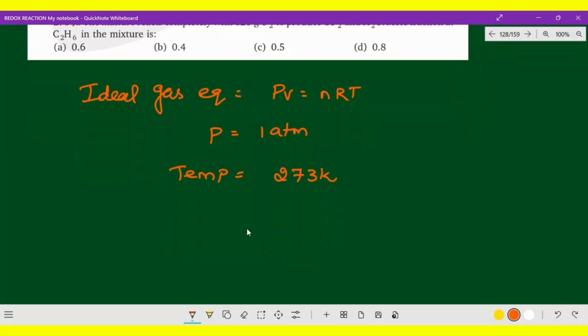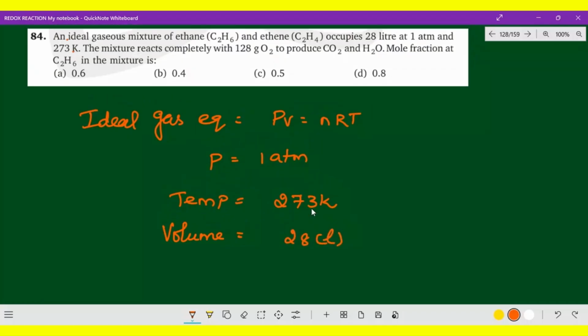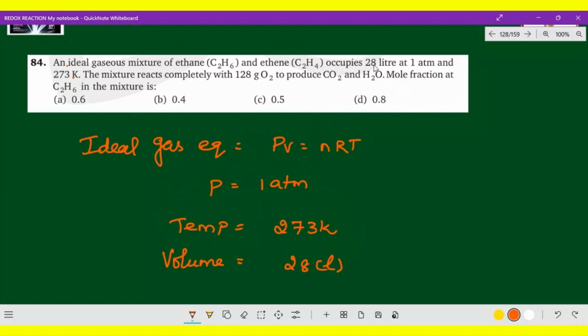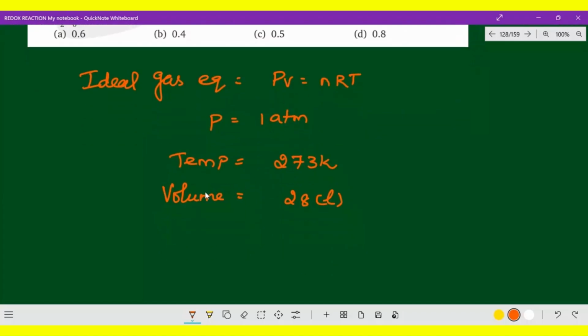Right, now volume, how much? Here 28 liter, it has mentioned. And R, the gaseous constant, R equal to 0.0821 liter atmospheric pressure per Kelvin per mole.